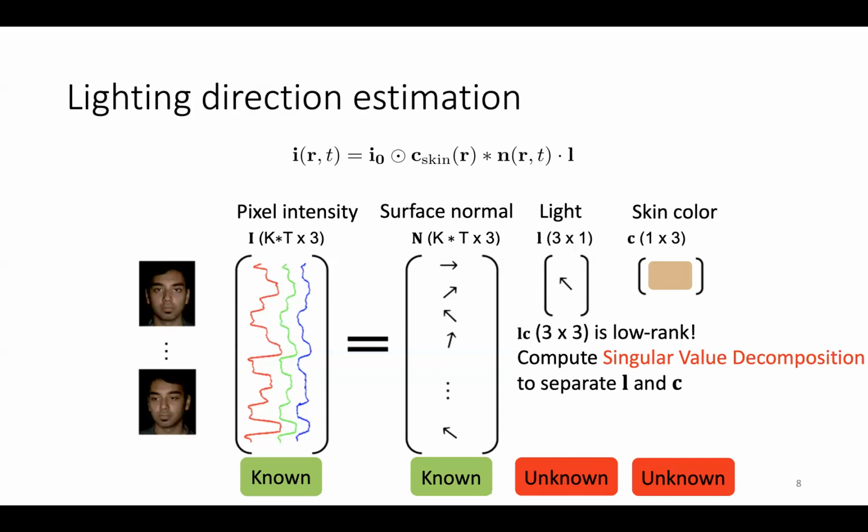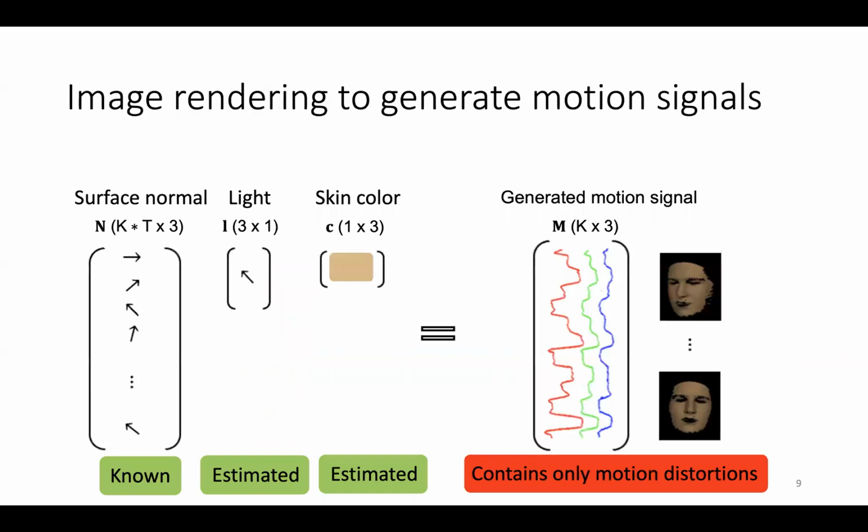So once we estimate these two parameters, we generate the motion signal M in each facial point by inverse rendering. Here, M contains the generated motion signals. In essence, these are the signals that capture only the distortions in the camera pixel intensities and are devoid of any PPG signal.